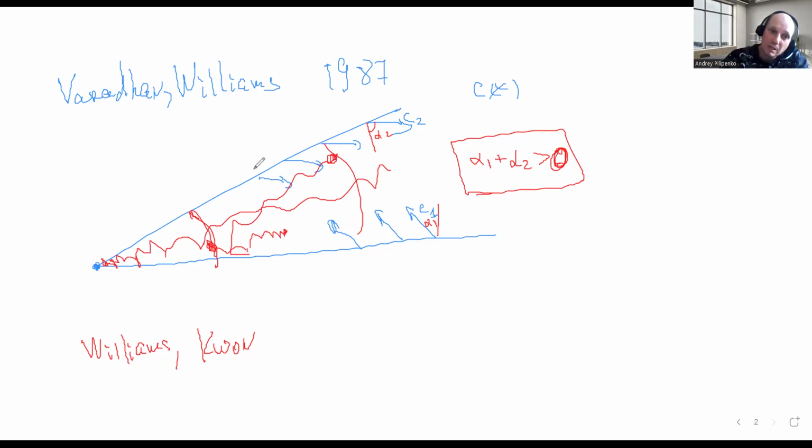Then they estimated the time that is spent in a neighborhood of 0. They constructed the following process. They estimated the expectation of the time of hitting 0, and then considered the following process.